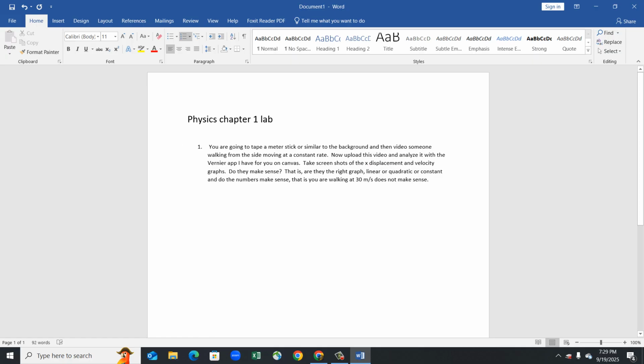Cool. All right, number 2. Okay. Repeat part 1, but this time have the person walking so that they are accelerating as they walk past.